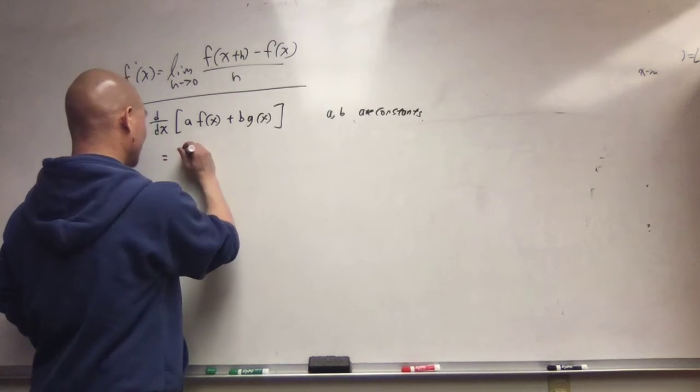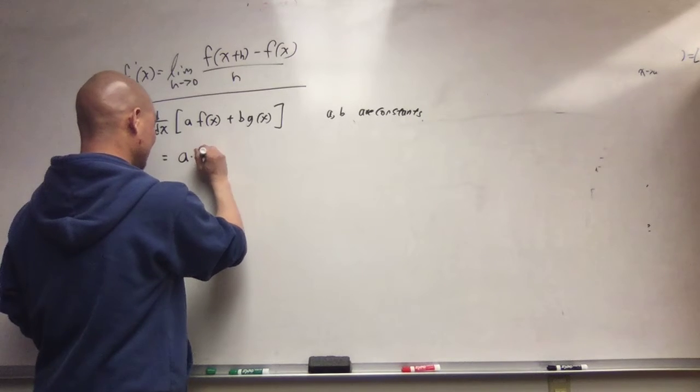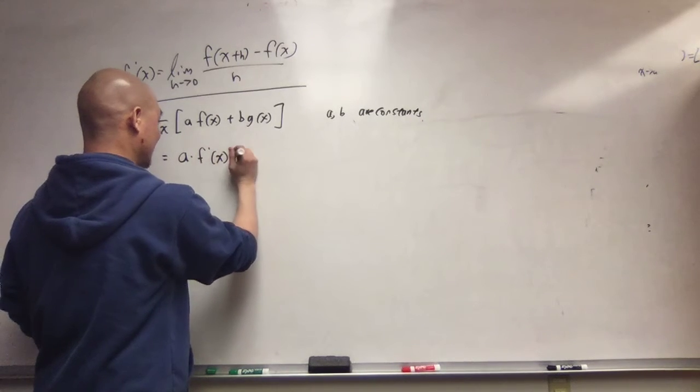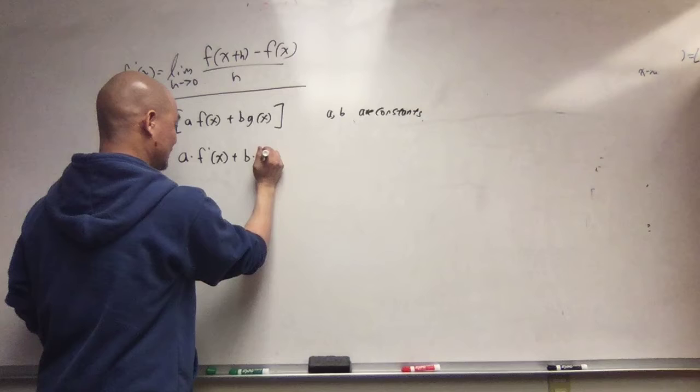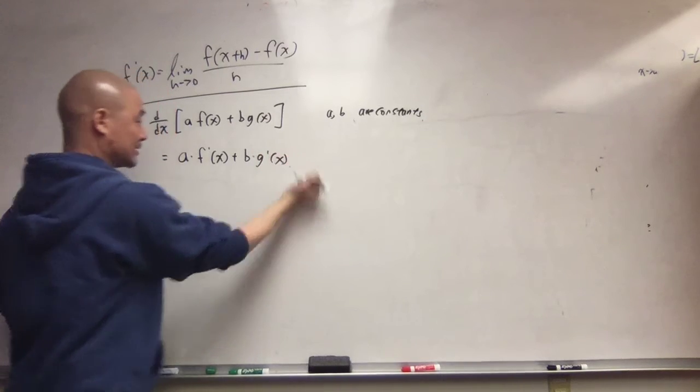That is, what you get is a times f prime of x plus b times g prime of x.